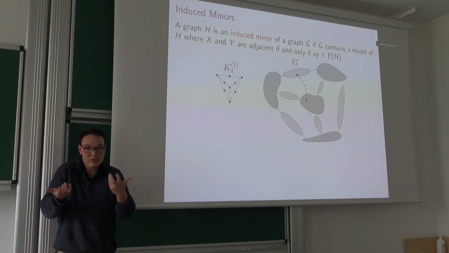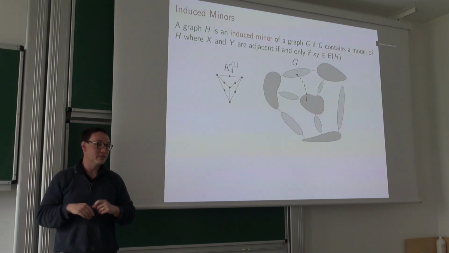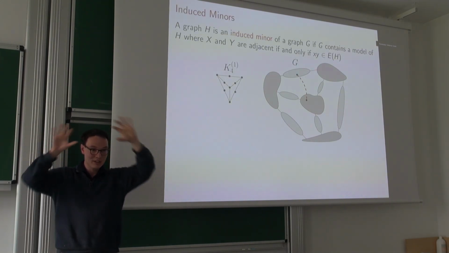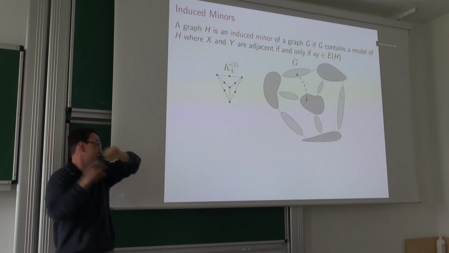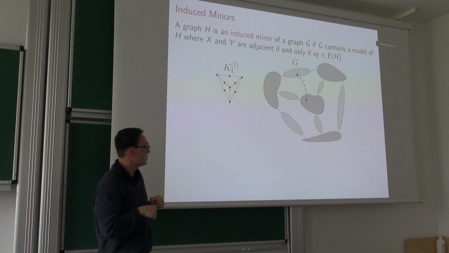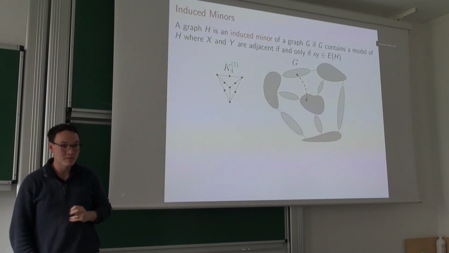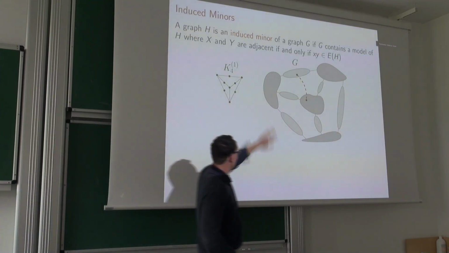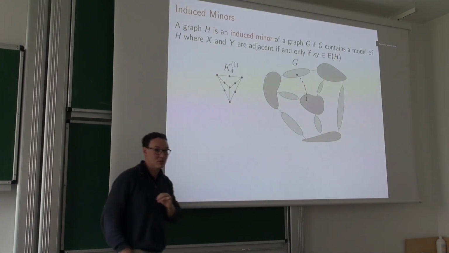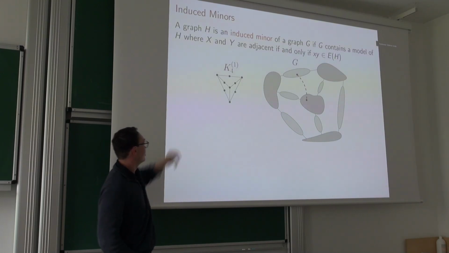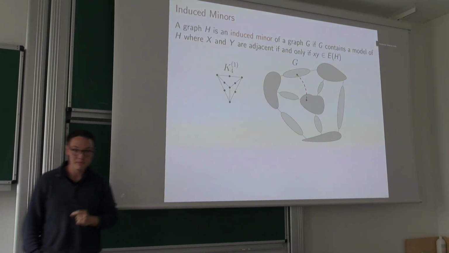It's defined in a similar way to minor by a minor model of our graph, with the restriction that if there's not an edge between two parts in our graph H, then they're going to be anti-complete in the minor model. So here we have two branch sets at the top and the bottom. We're not allowed to have any edges between them because there's no edge in the one subdivision of K4 between them.